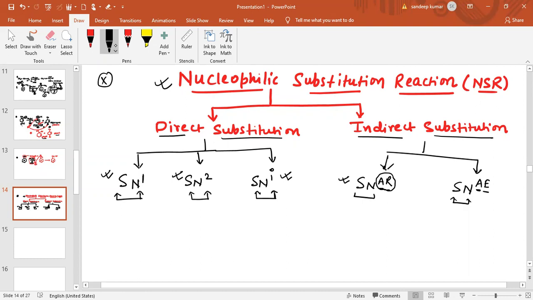Now see what happens. Basically, if there is an alkyl halide, and in the alkyl halide we use a nucleophile, this X is basically the leaving group.